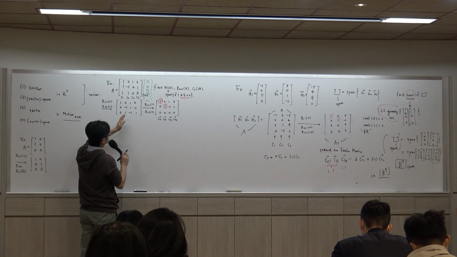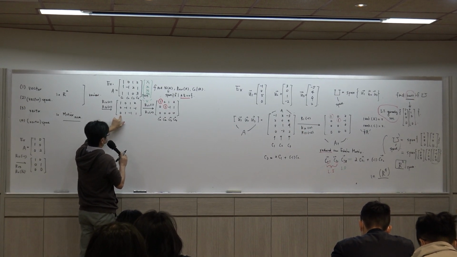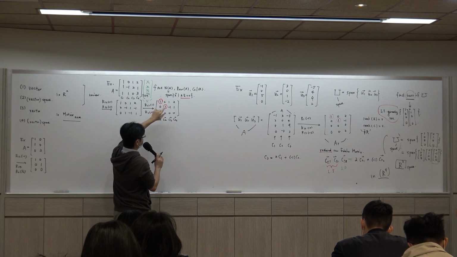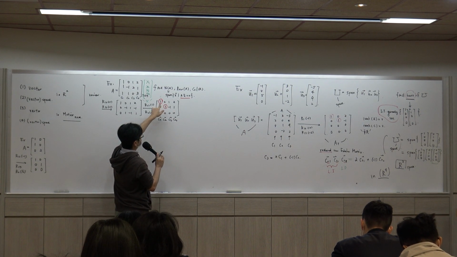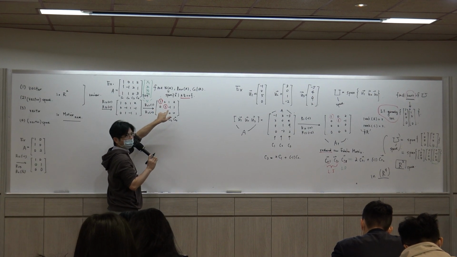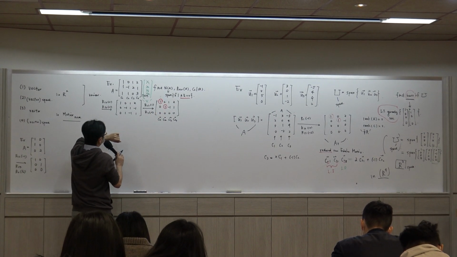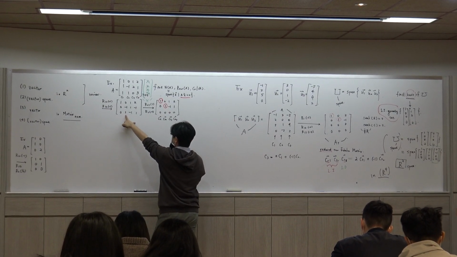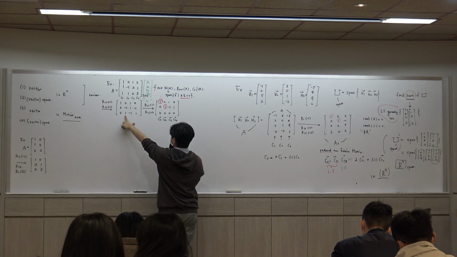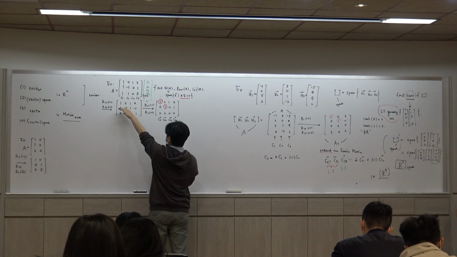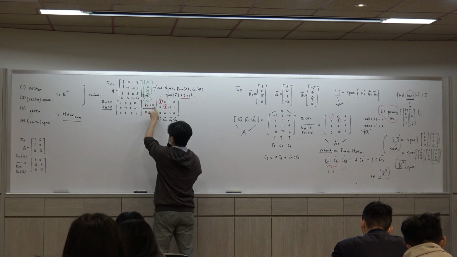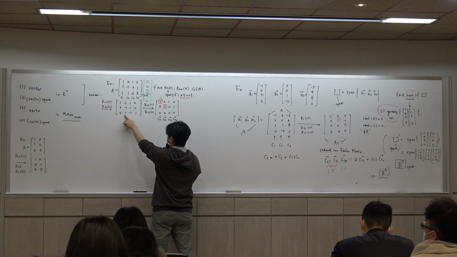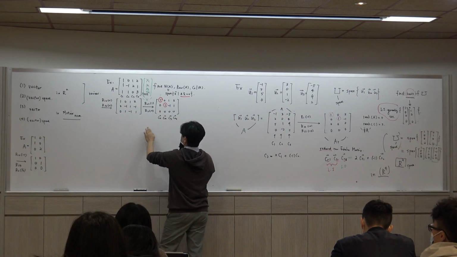We can create more zeros in the matrix to form the reduced row echelon form with clear pivots. For example, we need to cancel out this non-zero term, so we can multiply the second row by 1 and add it to the third row. So we can cancel this term.